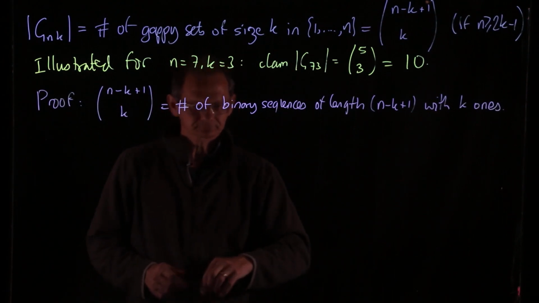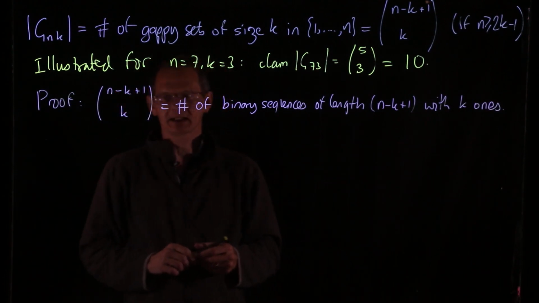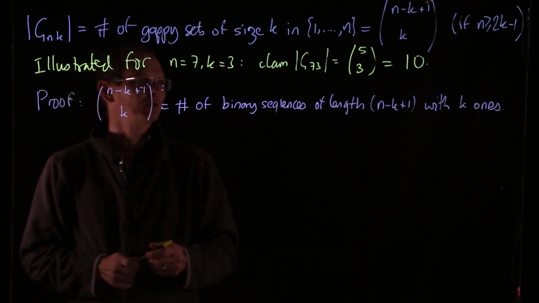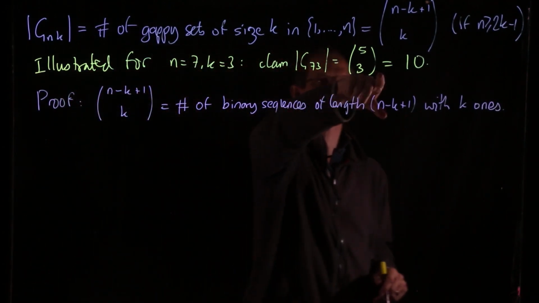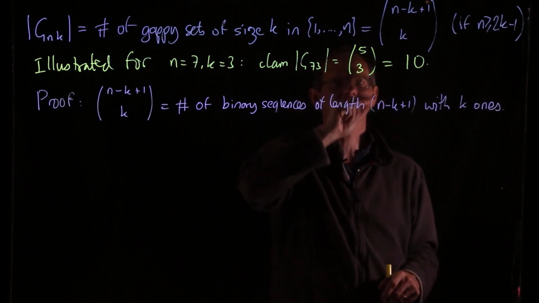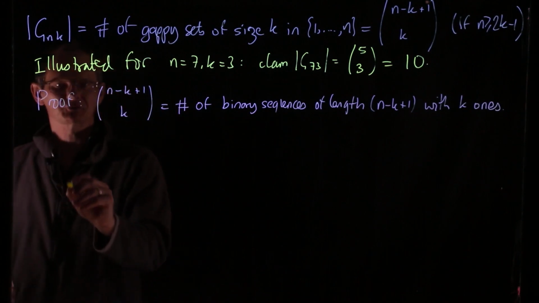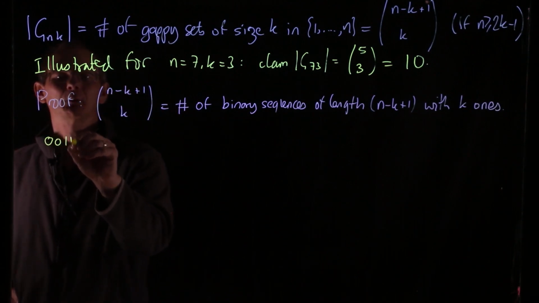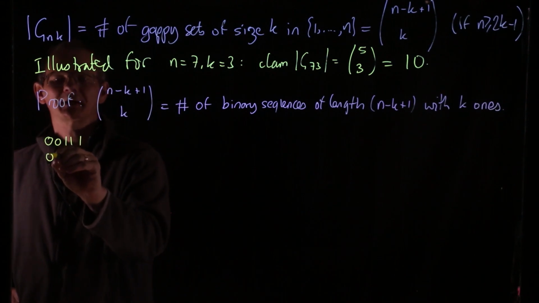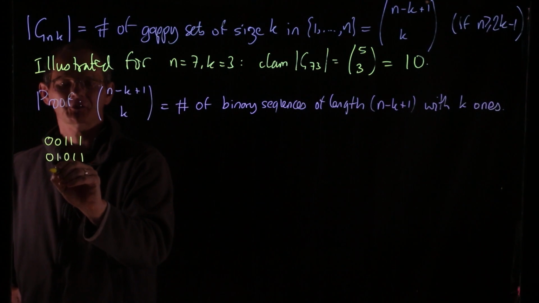Okay, so let's see how that works out in the illustrative case. We're looking at 5 choose 3, the number of sequences of length 5 with 3 ones. We can just write all of those down. It's not very hard. We get 0, 0, 1, 1, 1. We should write them in dictionary order, which makes it easier to keep everything straight.